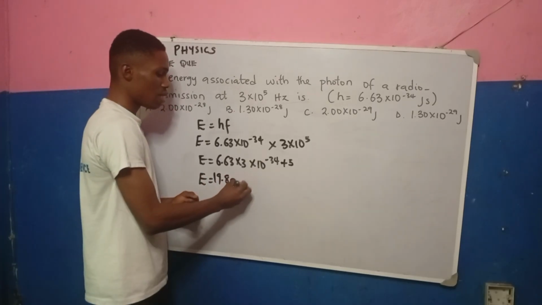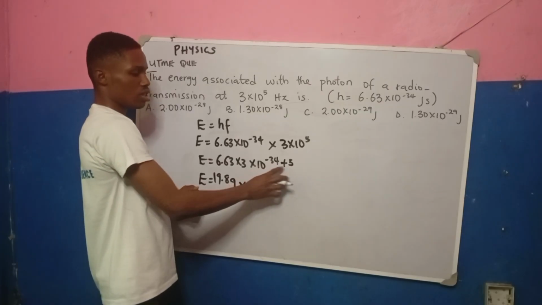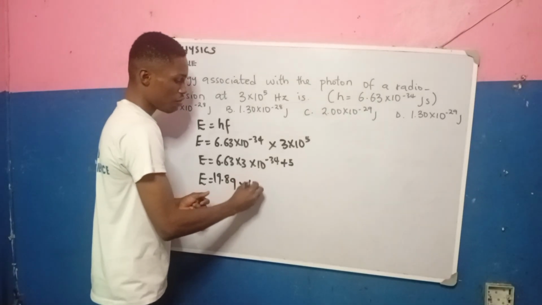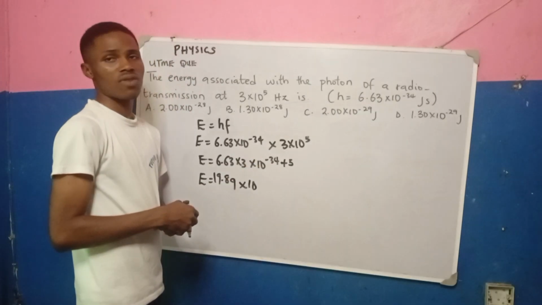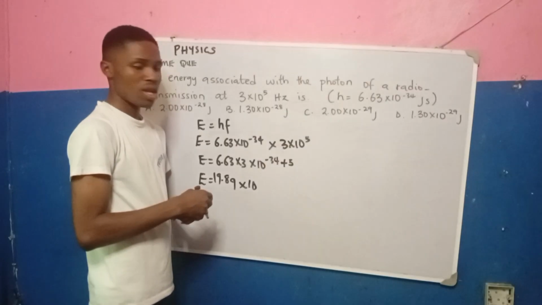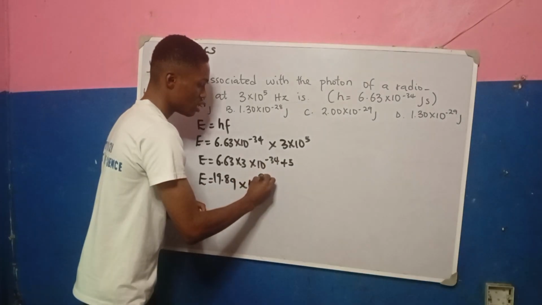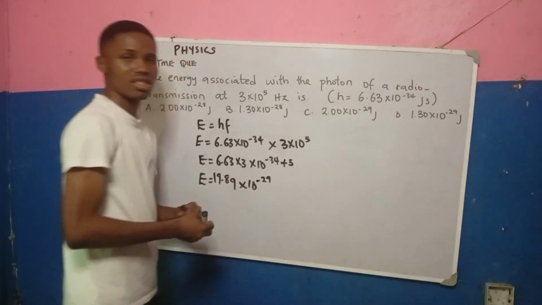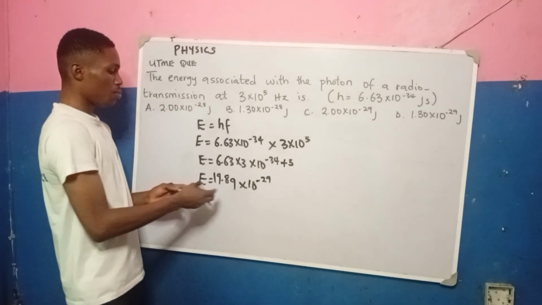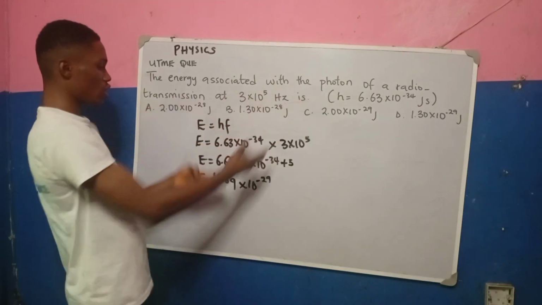Okay, now times this, adding them, we have minus 34 plus 5 is what? Minus 29. Are we there? But none of these correspond to our answer.